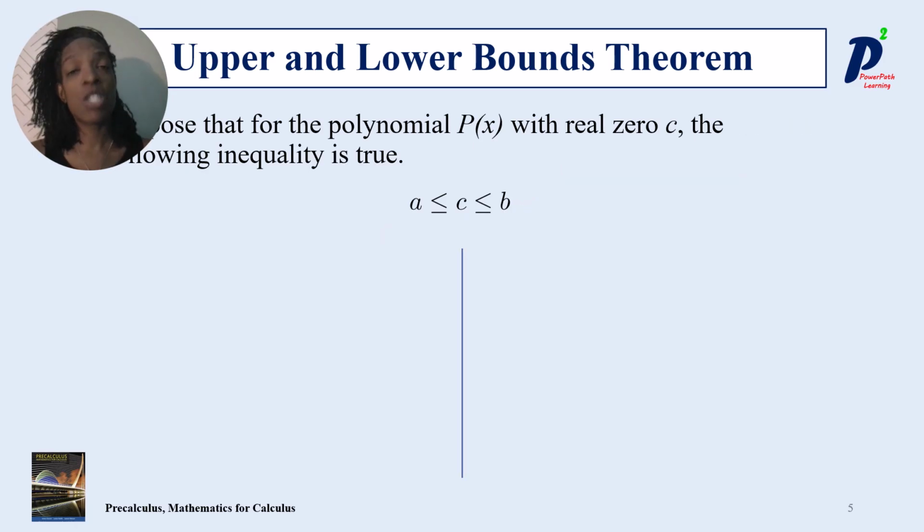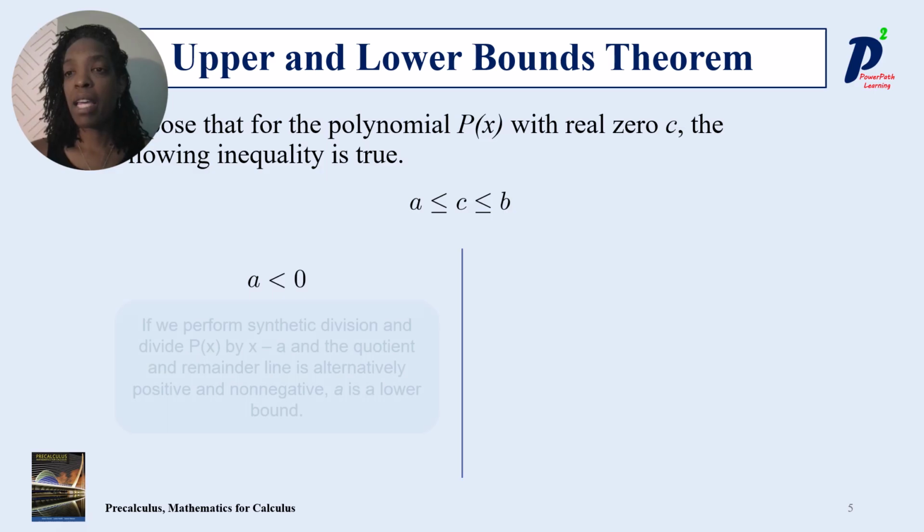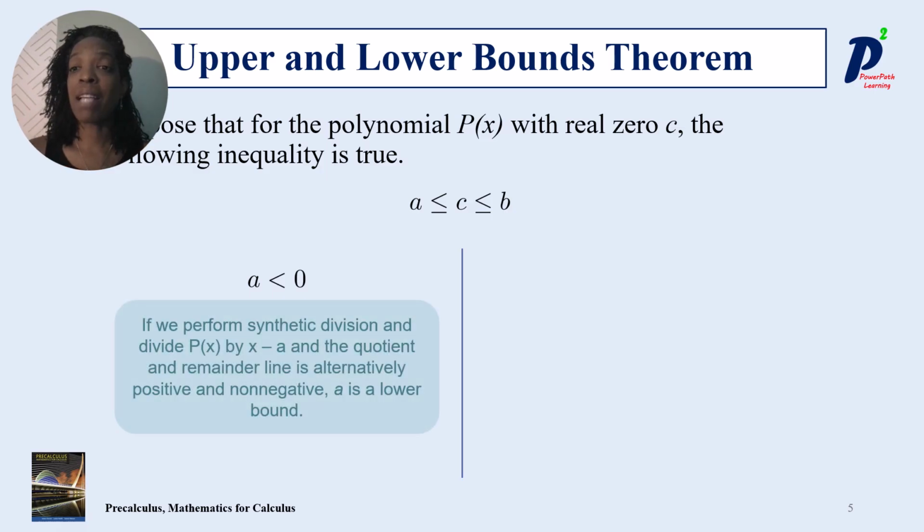We can use synthetic division to find the bounds of our zeros. So let's begin with our lower bound A. For a negative number a, if we divide our polynomial by x minus a and the quotient and remainder line are alternatingly positive and non-negative, then a is a lower bound. Okay, what in the world does that mean?